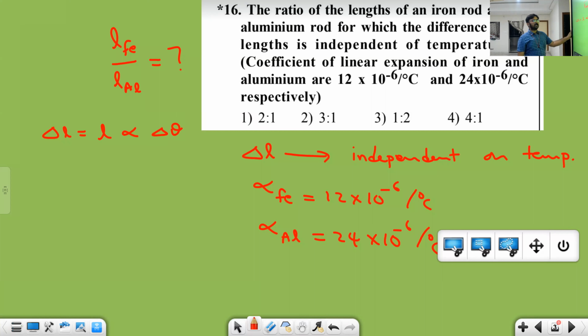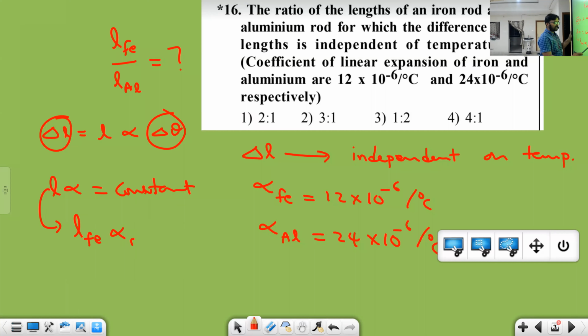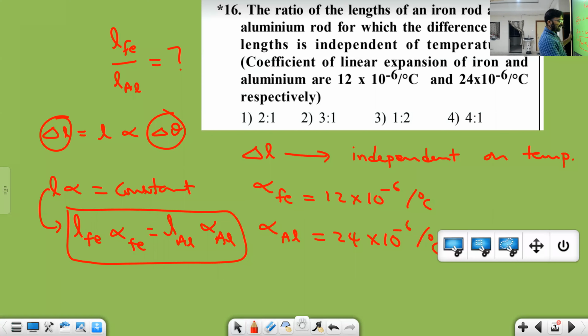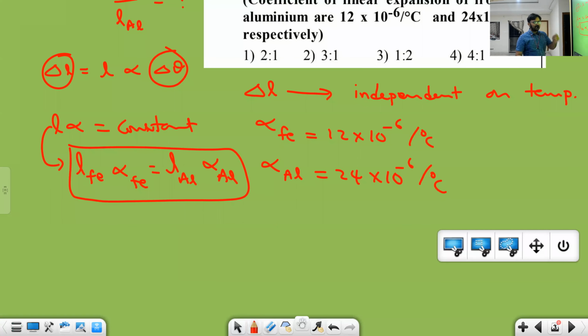They are telling us that delta L is independent of temperature, so L alpha is constant. I can write L iron into alpha iron is equal to L aluminum into alpha aluminum.